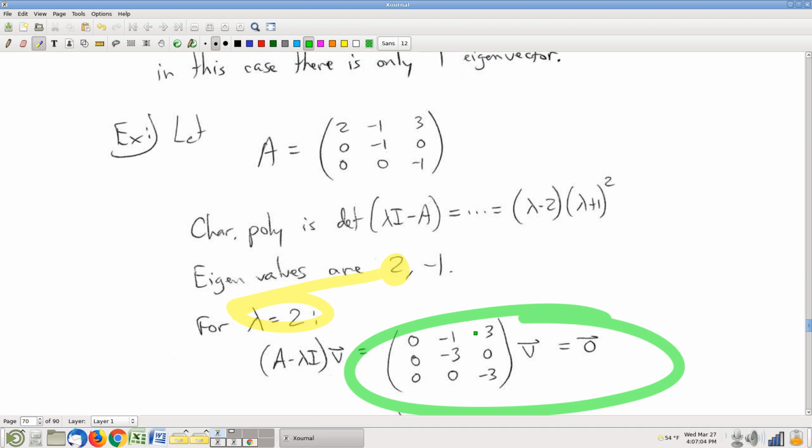In this case, what I would encourage you to do is look at the columns. Specifically, look at these second 2 columns, the last 2 columns. These 2 columns are obviously not multiples of each other. So you immediately know the column space is 2-dimensional, therefore the rank is 2. Everybody on board? If the rank is 2, 3 minus 2 gives you 1.